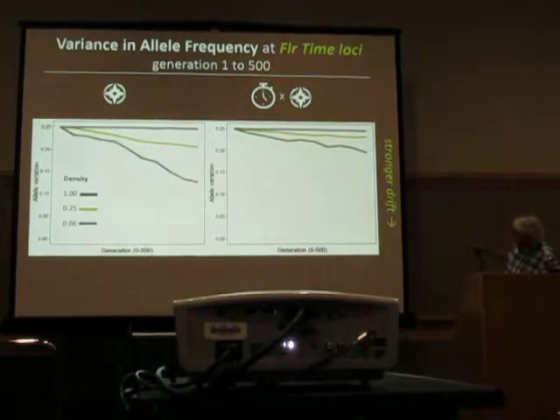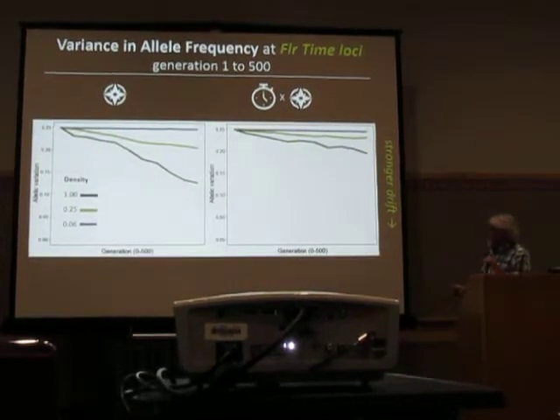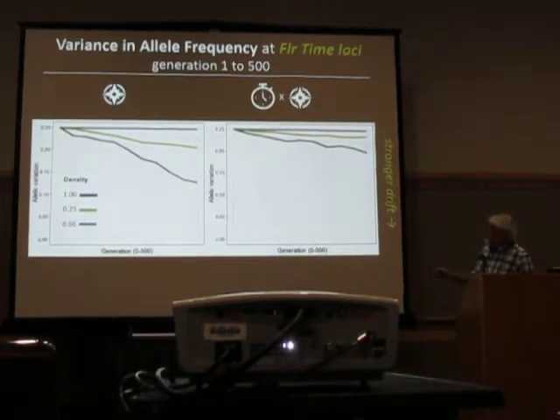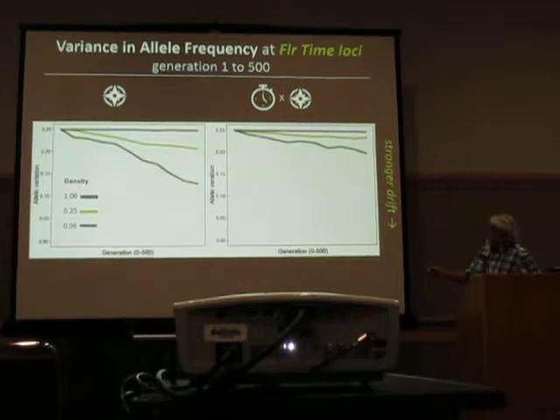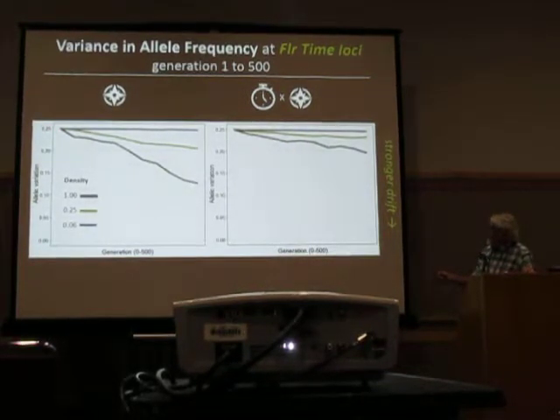as you go down this way, you're talking about stronger genetic drift. If you're looking at the flowering time loci, and you assume that the flowering time does not induce assortative mating, you start losing genetic diversity if you have high density populations, a large genetic neighborhood.